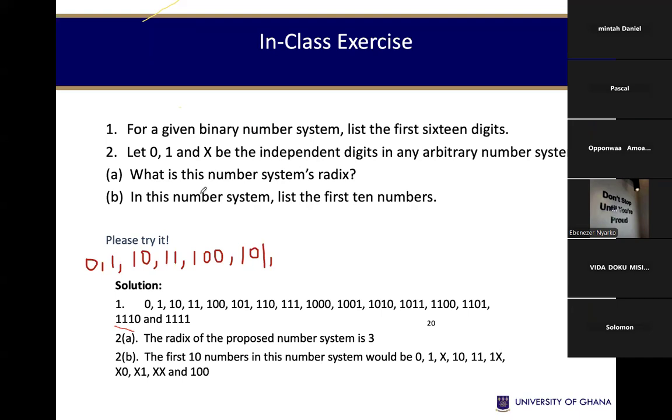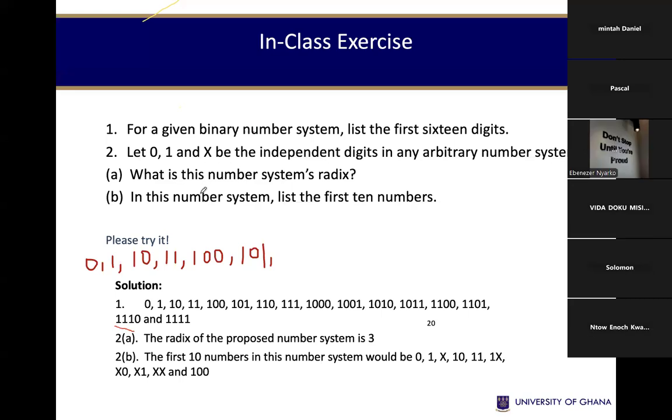But that number system is saying that it's independent digits in any arbitrary number system. The arbitrary can be 10, can be 2, can be 3, can be whatever system. The question on the table is, how do you first identify the base or the radix of this 0, 1, x number system?